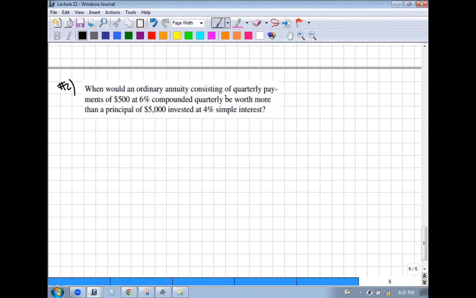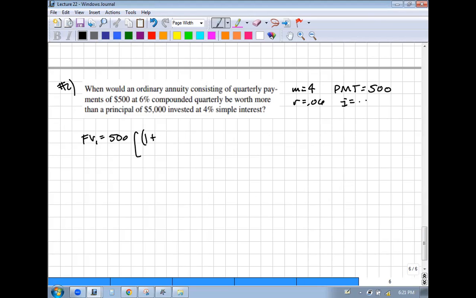So we have an ordinary annuity consisting of quarterly payments. So quarterly payments means M is 4, PMT is 500, 6%, and then we're comparing that. So future value one is 500 times 1 plus I, right?